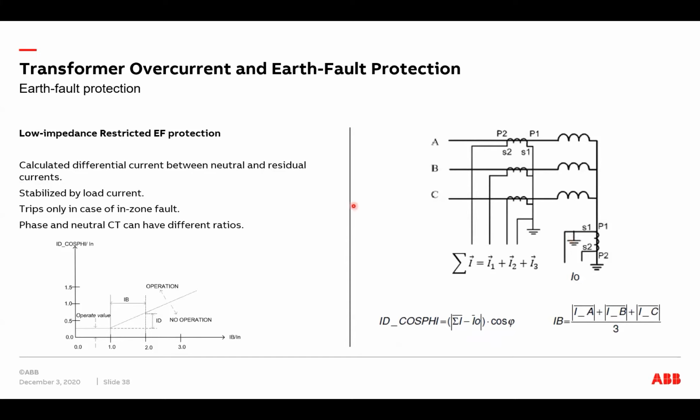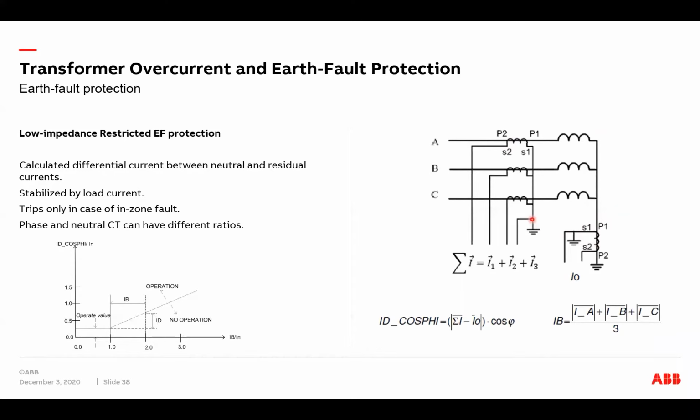So the first example here is by utilizing the low impedance or restricted earth fault protection. And it works in this way that the protection is calculating the differential current between the neutral and the residual current. And this protection will then only operate for faults inside the power transformer here.